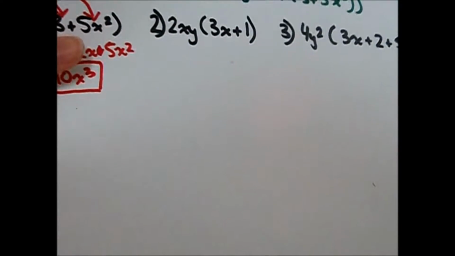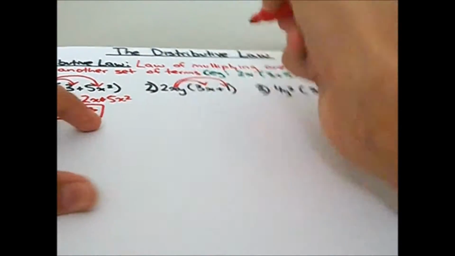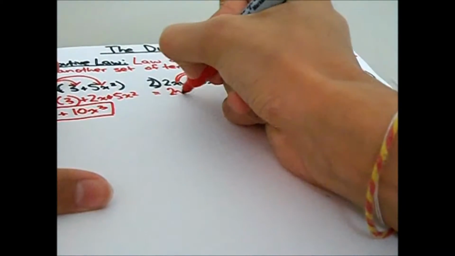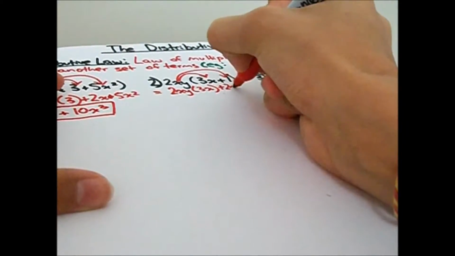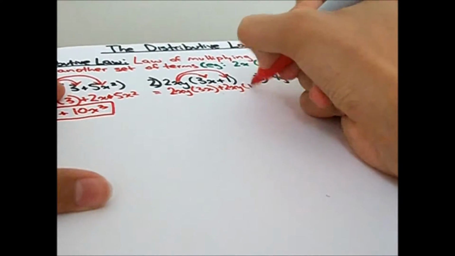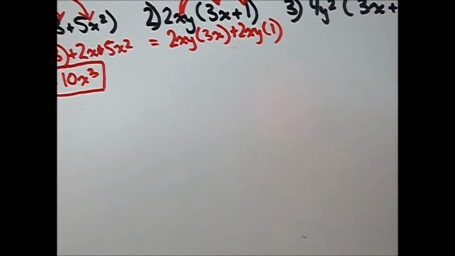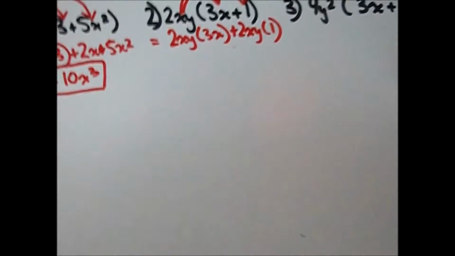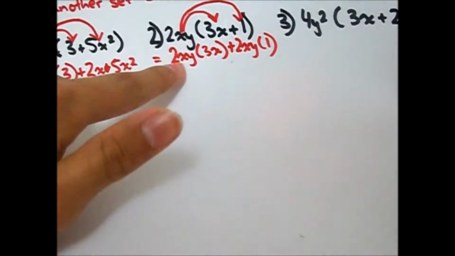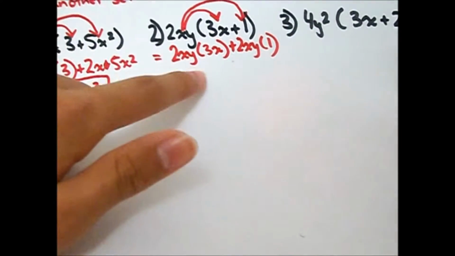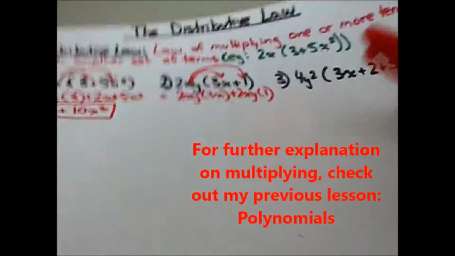Next one, 2xy multiplied by 3x plus 1. Now we get the idea of what we have to do. So 2xy multiplied by 3x plus 2xy multiplied by 1. We know that 2xy multiplied by 3 will give us 6xy, and we have one more x which needs to be multiplied with 6xy, so we just raise the exponent by 1.